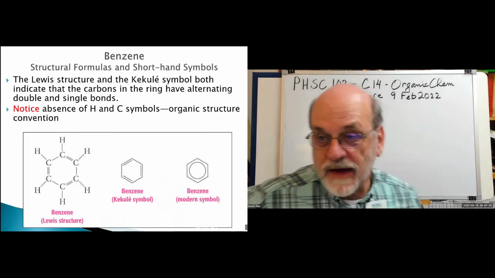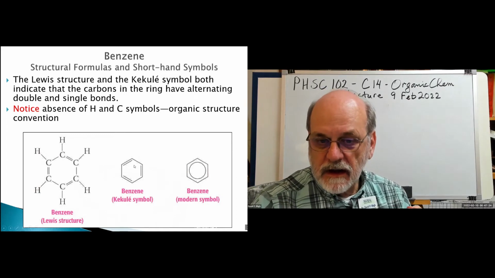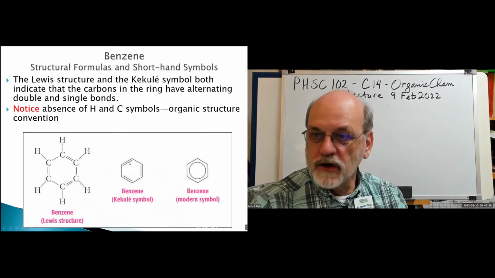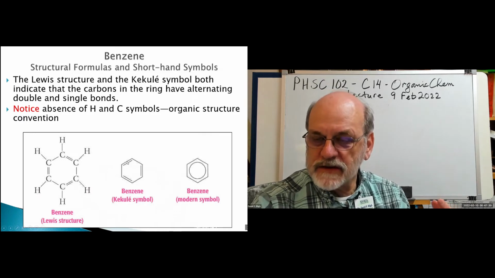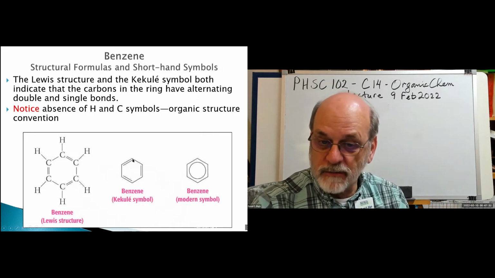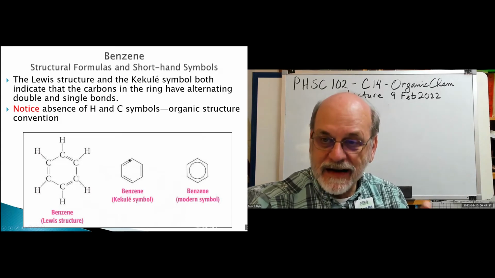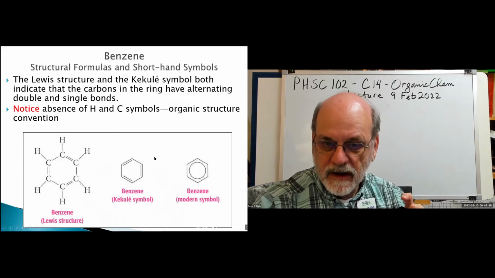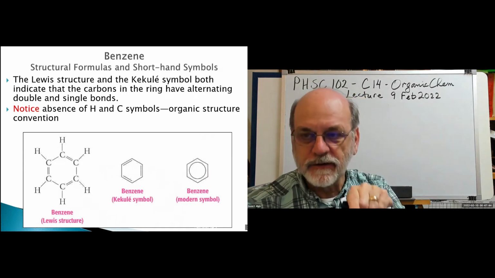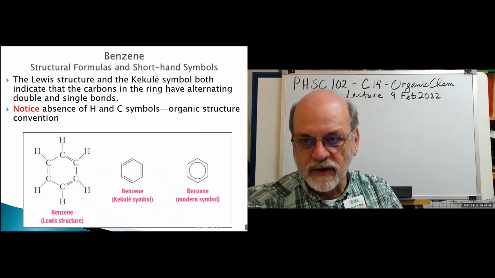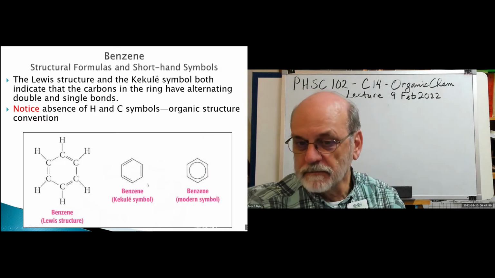Notice one other thing about these simplified structures. There are no carbons written. There are no hydrogens written. Whenever two lines in an organic compound come together and meet, like this one right here, that is a carbon. The only time it's not a carbon is when we actually put a different atom there, a different element. We might put a nitrogen there. We might put a sulfur there.